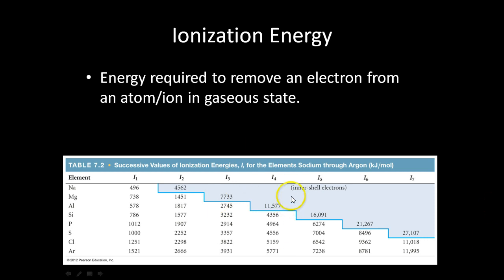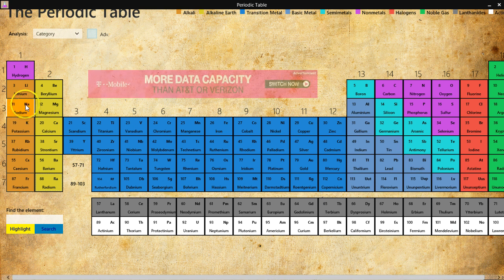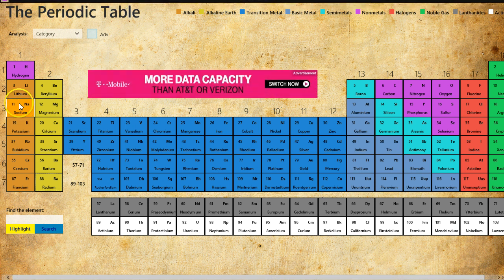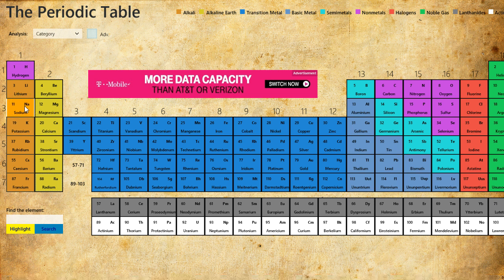So what's the reason for this? Well, the reason is that this ionization stage is trying to remove electrons from the inner shells. Going back to the periodic table, sodium is right here. Its electron configuration is neon 3s1. So there's only one valence electron available to remove, and if you remove that one, it's removed from the outermost shell.